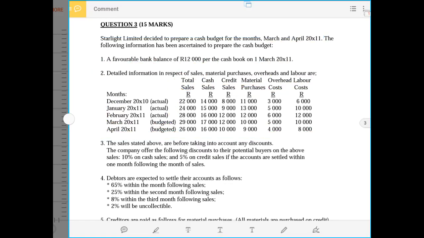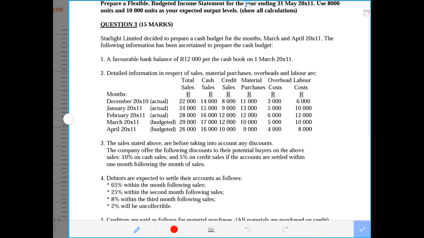Then after, we are told under number 3 that the sales stated above, which is the sales given above, are before taking into account any discounts. So now the sales that we see above are before we took into account the discount. Then it is said that the company offers the following discounts to their potential buyers on the above sales.